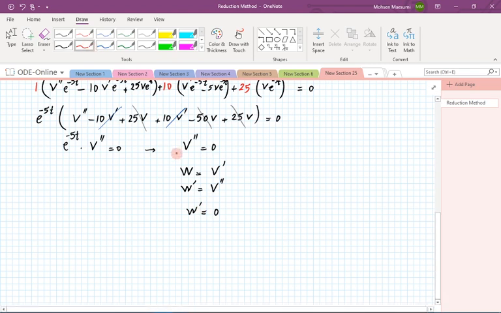That's what we mean by reduction. By reduction, we mean we can make our equation look like a first order equation, a lower order equation. Well, what is the solution of w prime equal to 0? Well, in calculus, you know, if a derivative of something is 0, then that thing is a constant. So I call w to be, say, k, a constant.